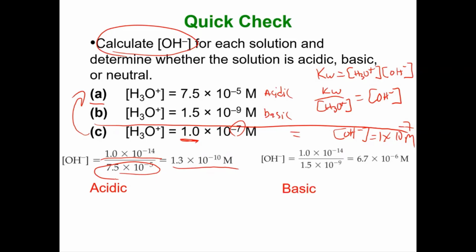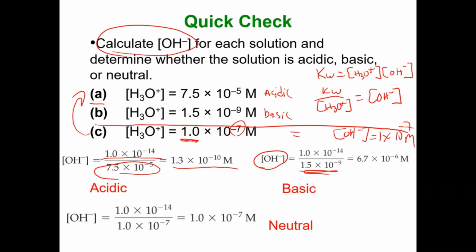What about the next one? Again, I'm dividing by my hydronium ion to get my hydroxide, and I get 6.7 times 10 to the minus 6. So in this case, the hydroxide concentration is bigger, and that's how we measure bases. So that's basic. And in C, it's neutral.